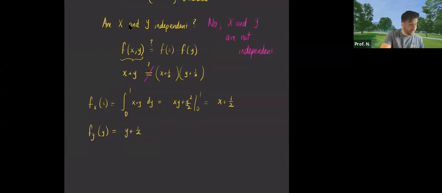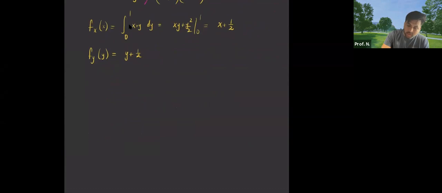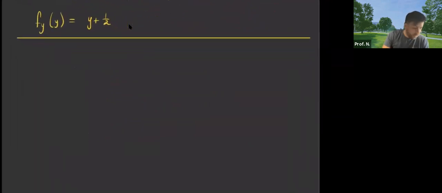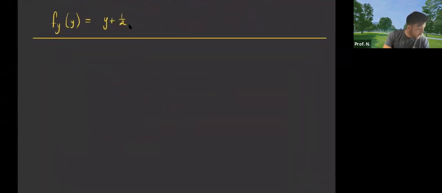Now, based upon that, the next thing here, which is kind of important, is the sums of independent random variables.